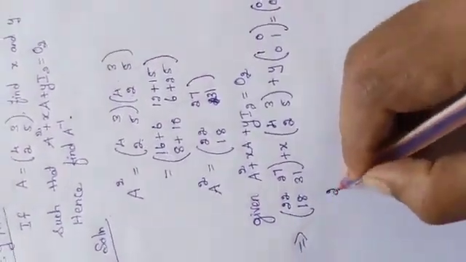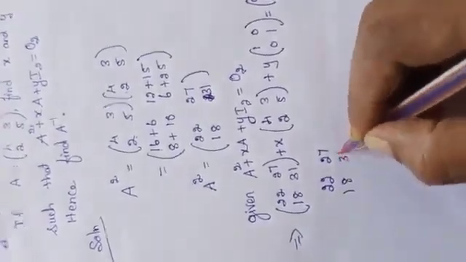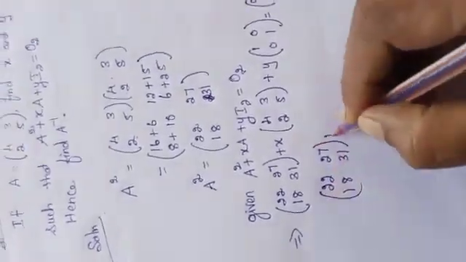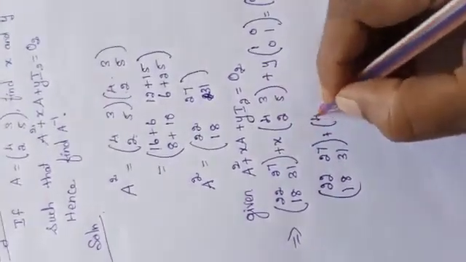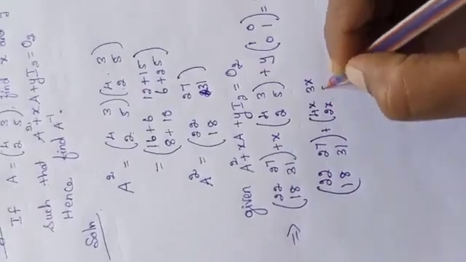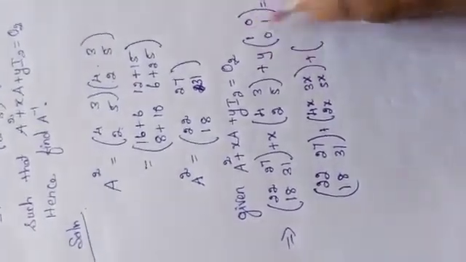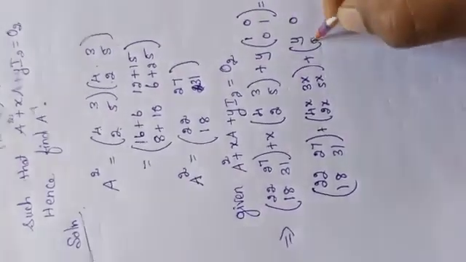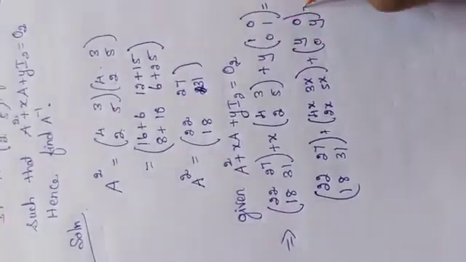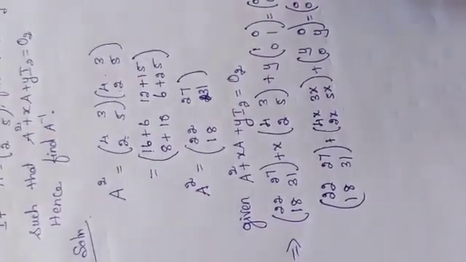Now 22, 27, 18, 31 plus, multiplying X inside, 4X, 3X, 2X, 5X, plus now multiply with Y, 0, 0, Y, is equal to the zero matrix 0, 0, 0, 0.